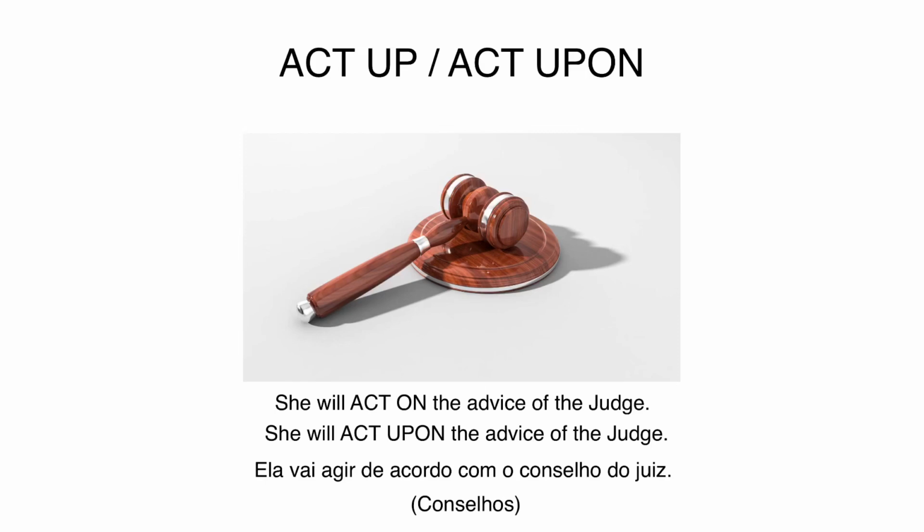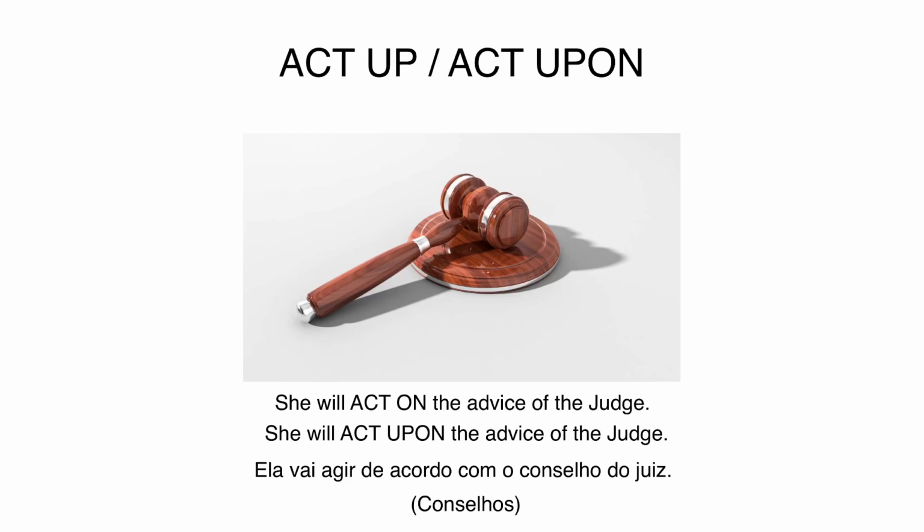Act on e act upon pode significar que você vai fazer alguma coisa por causa de conselho. Vamos ver a frase em inglês. She will act on the advice of the judge. She will act upon the advice of the judge. O Google fala que isso significa ela vai agir de acordo com o conselho do juiz.